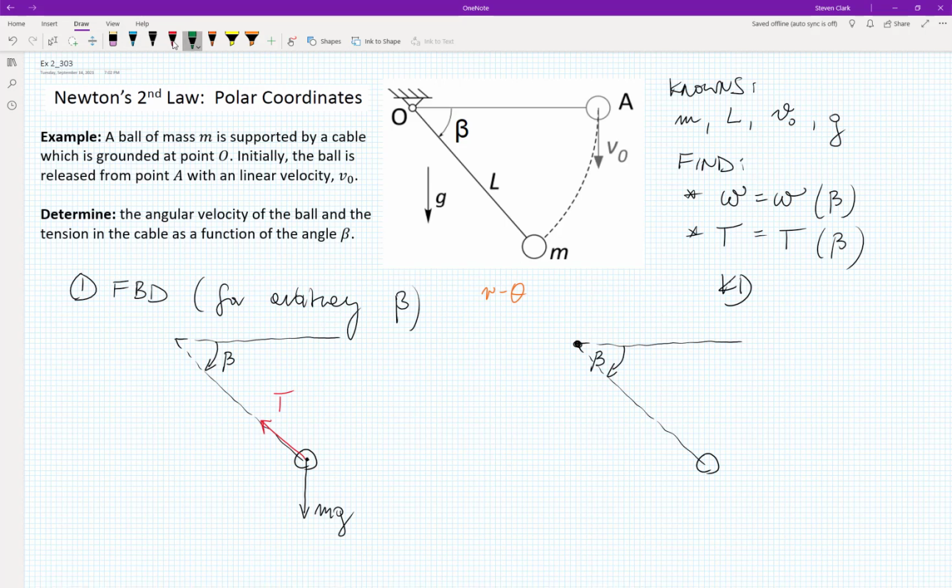So if I specify the origin here, this is our position vector, R. In that case, our UR will be aligned with R. And theta has no other choice. Theta has to be on the left-hand side of UR. Theta will be pointing this way.